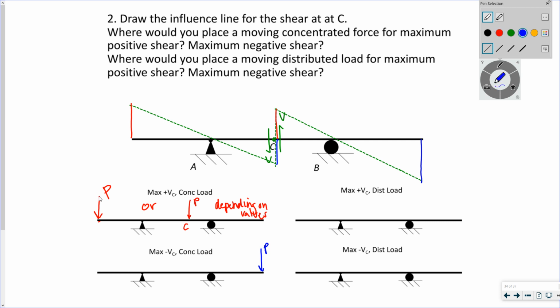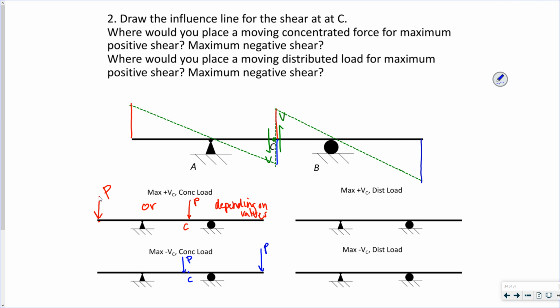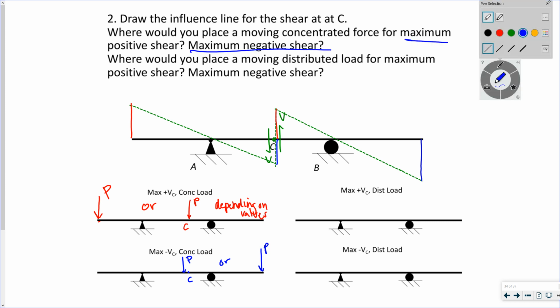This one is just to the left of C. Again, depending on what values are actually associated with. Yep. If I had two moving loads, I would put one at one point and one at the other point. So negative shear, maximum positive shear. Oops.